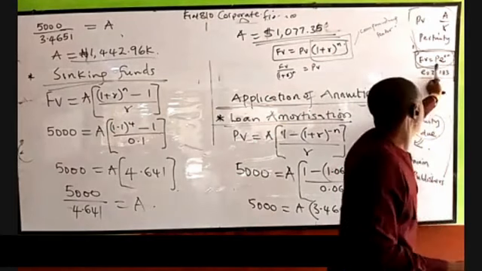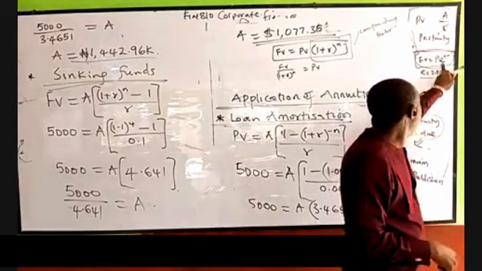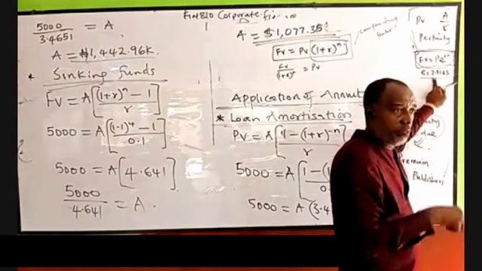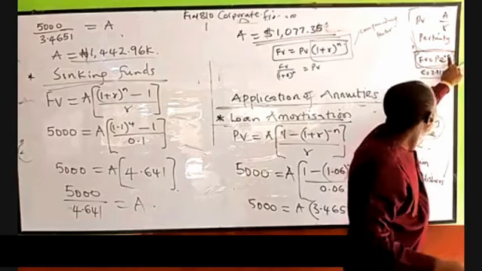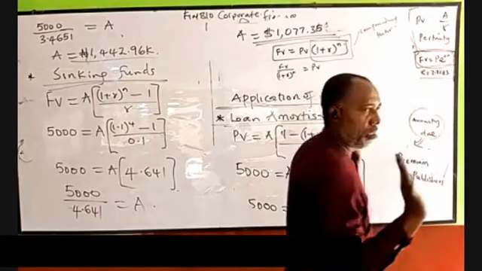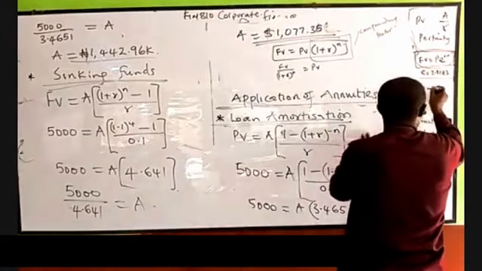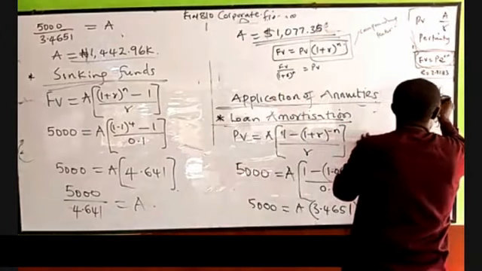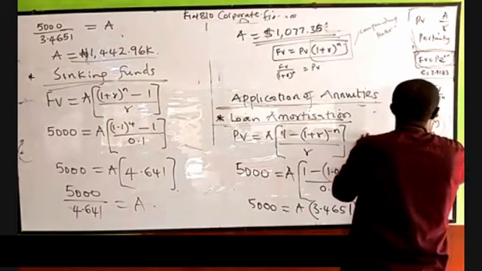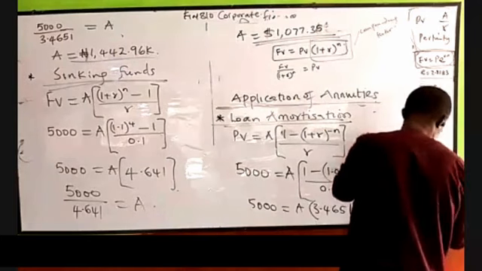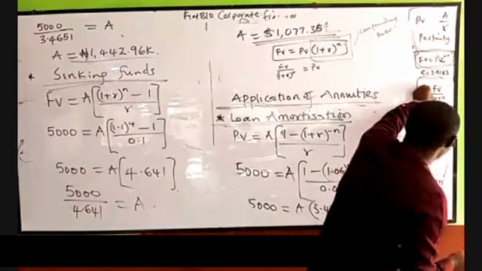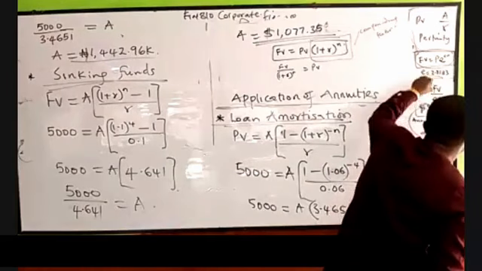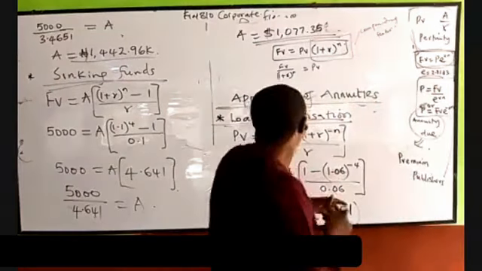The formula is P for present value times e, the exponent, raised to power R N. Here as well, you can change it: present equals future over e to the RN, or future times e raised to power minus RN. This is the inverse, so you either use this or use it.